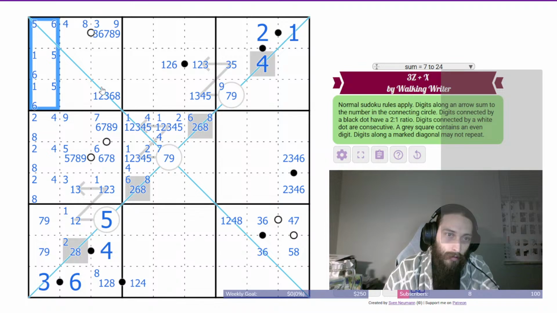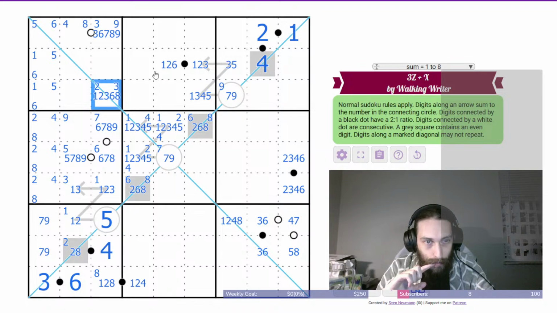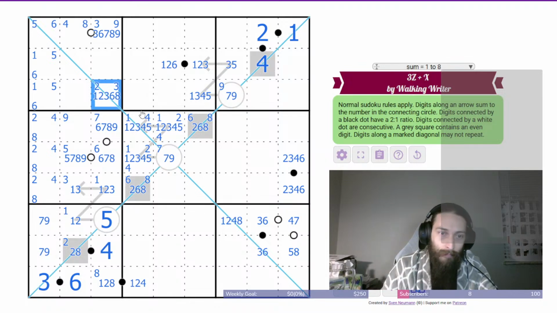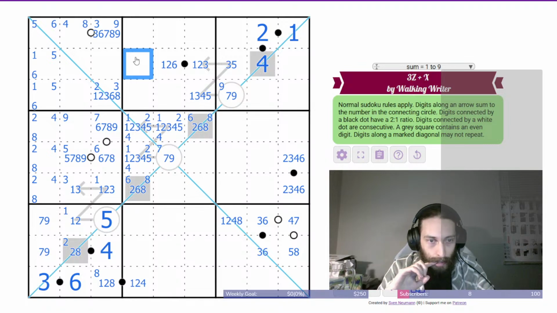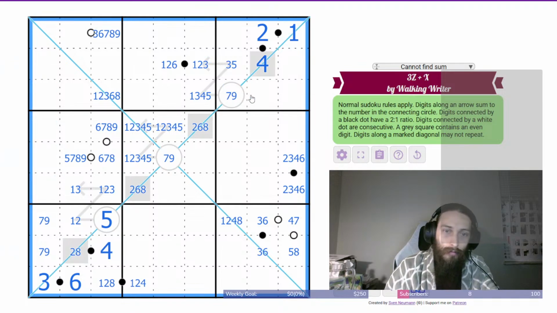Have 1, 5, and 6 here. 8 and 6 would be out, so would 1. That would be 2 or 3. Feels like something should have broken by now. Yeah. But I don't know what it is.